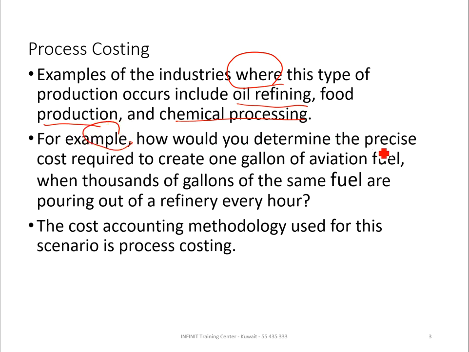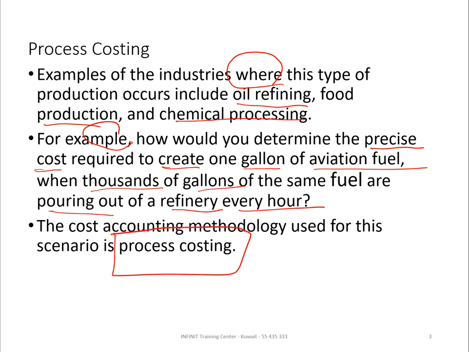How would you determine the precise cost required to create 1 gallon of aviation fuel when thousands of gallons of the same fuel are pouring out of the refinery every hour? Then how are you going to calculate the cost of a single gallon? In that case, we will use process costing.